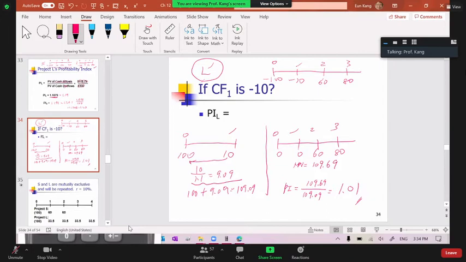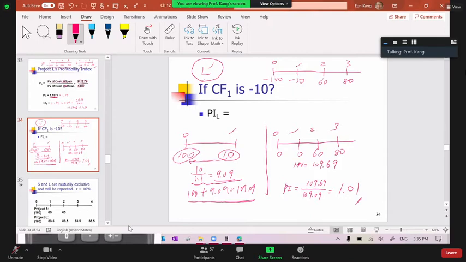So 10 divided by 1.1 is 9.09, so 100 plus 9.09 is 109.09, right? Oh, okay. I thought the outflow doesn't have to be discounted, so I just kept 100. Oh, I see. So the outflow should be discounted too. Yeah, 100 is already present value, so you don't have to do anything. But this 10 is not present value, it's future value. So you have to discount one period to get present value. There's 9.09. Then you add them up.